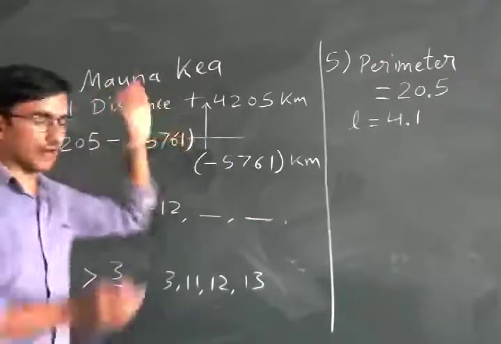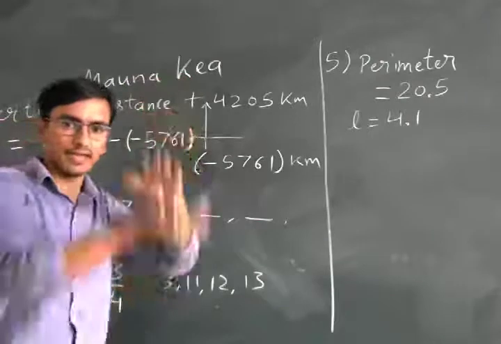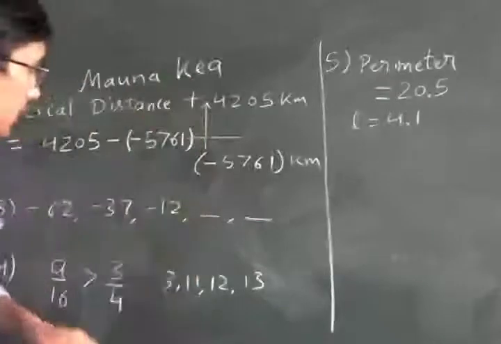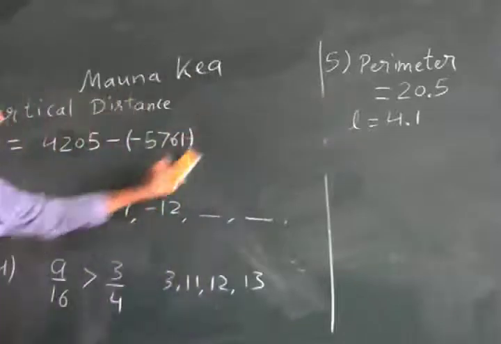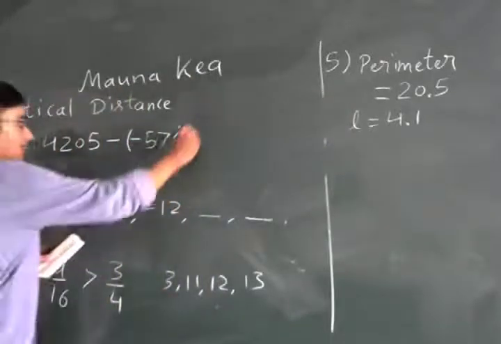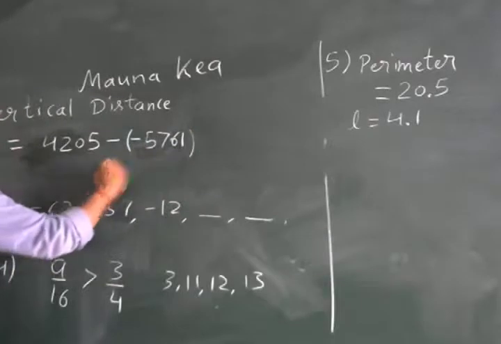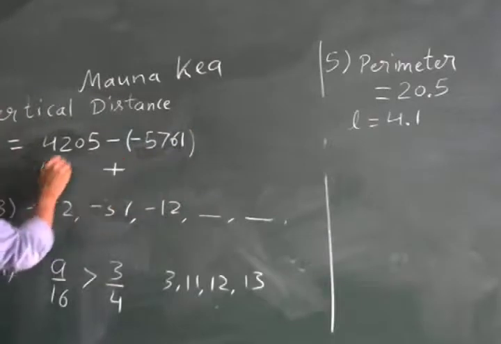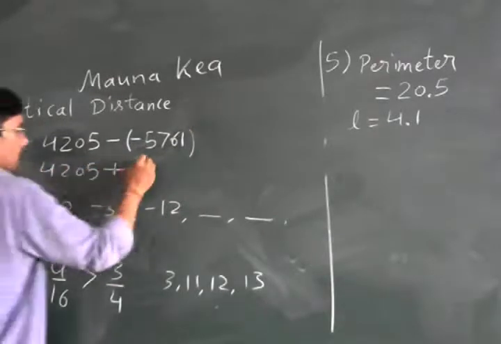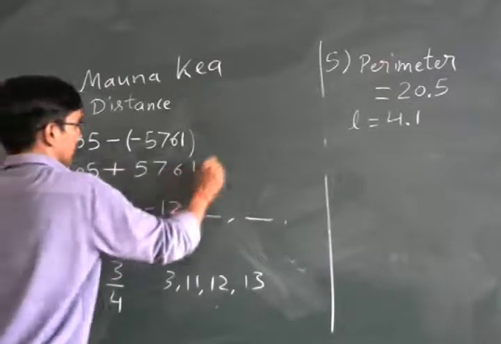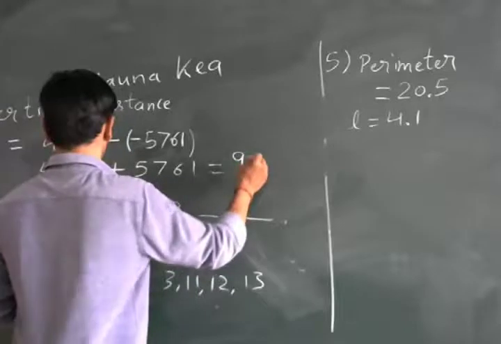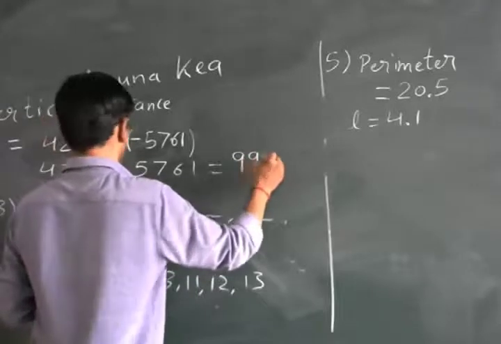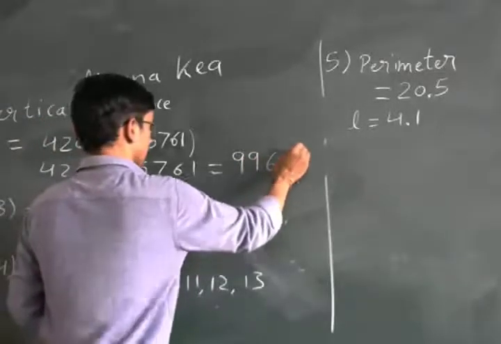We are finding a difference, right? When we find a difference, we know that we should use the sign of subtraction. But the second number is also negative. So minus minus becomes plus. Sir, I added directly 4205 plus 5761 because it was MCQ.